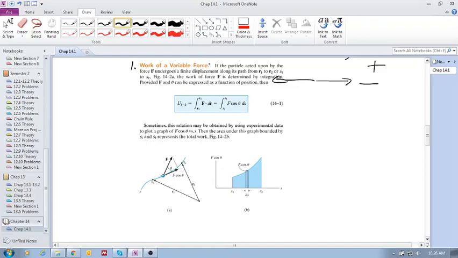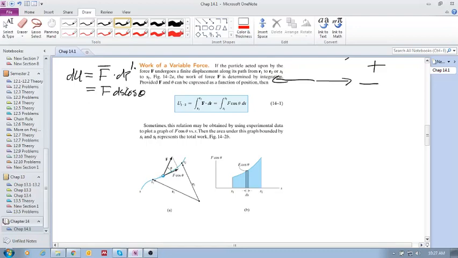variable force. All right? So recall that you've got a force acting on a particle, and the particle is perhaps moving in a different direction. And so recall that in a differential sense, our differential work was F dot dr, or it was F ds cos theta.